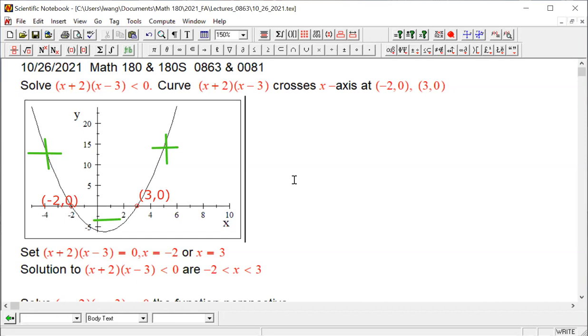Any questions? So this is the function perspective. In fact, both methods are about how you find the input to ensure the output is negative. From these ideas, there's another method that's taught in the textbook.